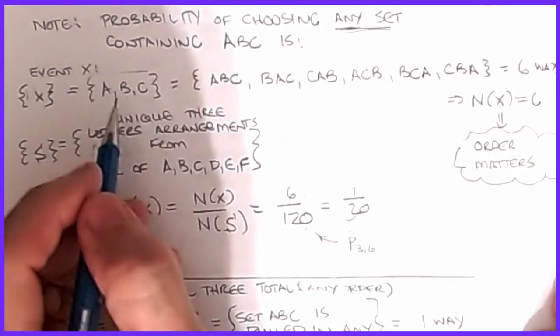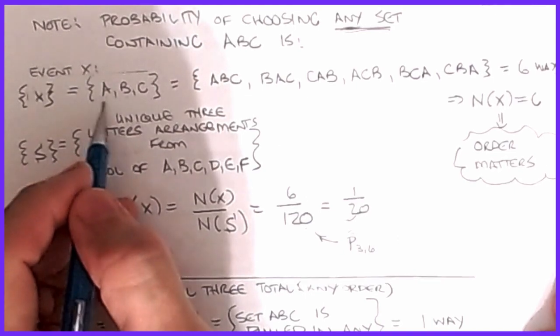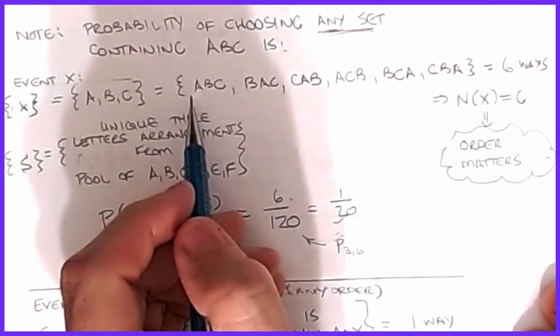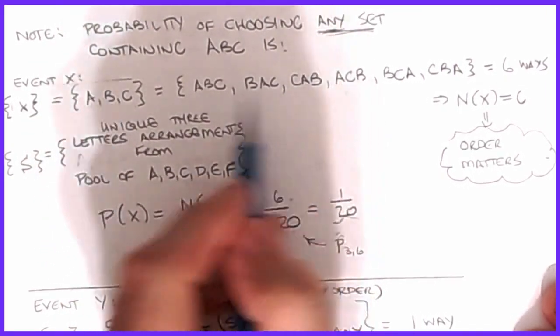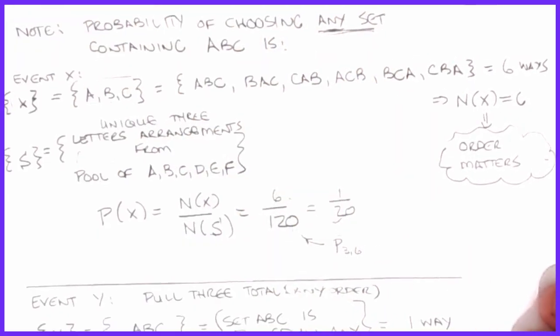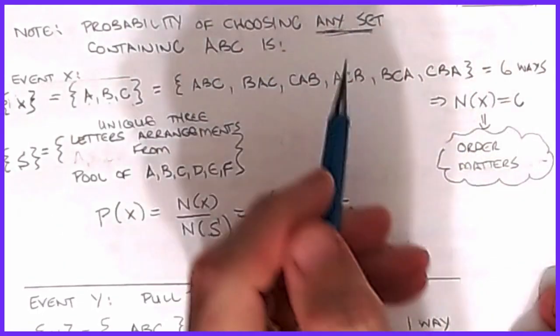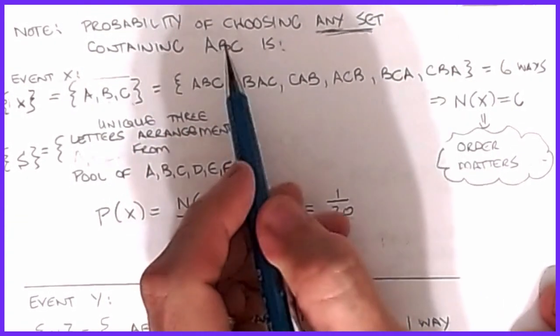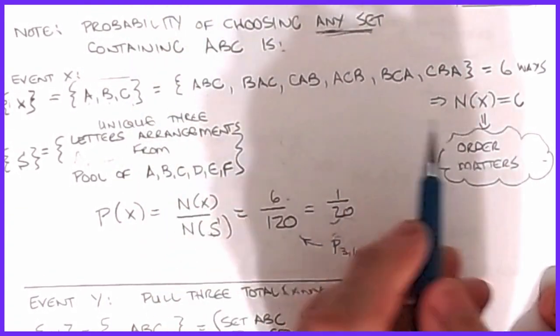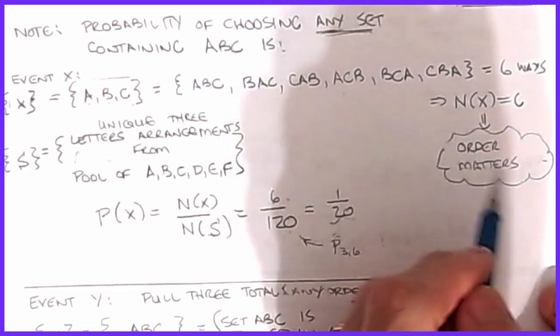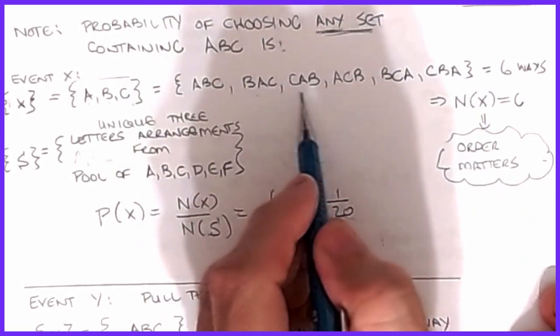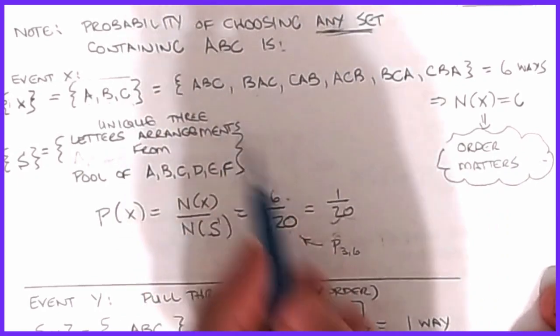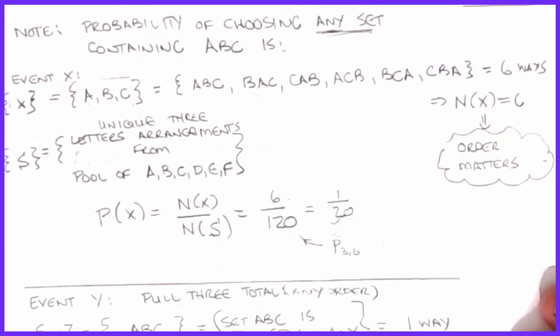So let's define event X as being the sets of all the letters A, B, and C. And so our sets would be ABC, BAC, CAB, and so forth. You've seen these 6. These are the ones that we just talked about. There are 6 ways that I can pull any set containing ABC. There are 6 sets of the letters A, B, and C in any order. And so it's a little confusing when we say order matters, but each one of these outcomes is a different outcome from the other. That's why this becomes an order matters case.